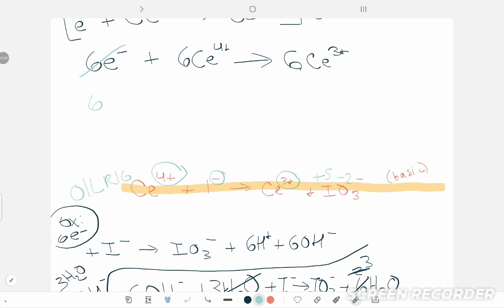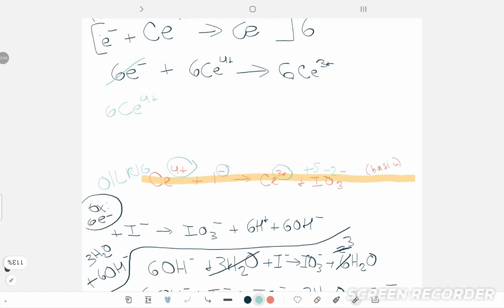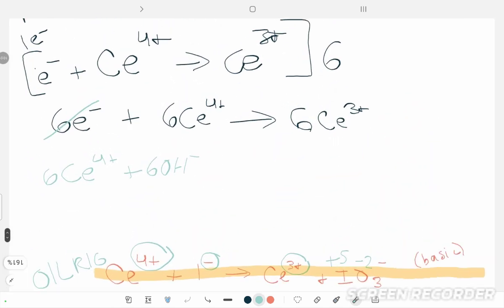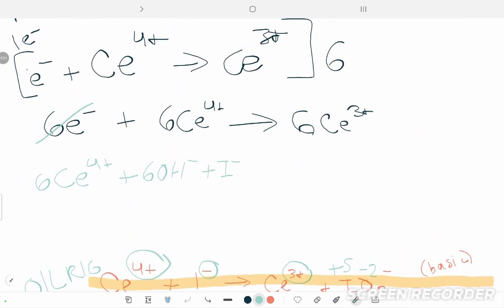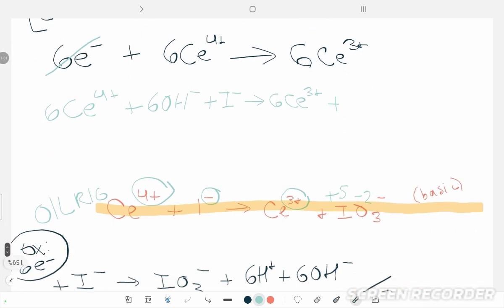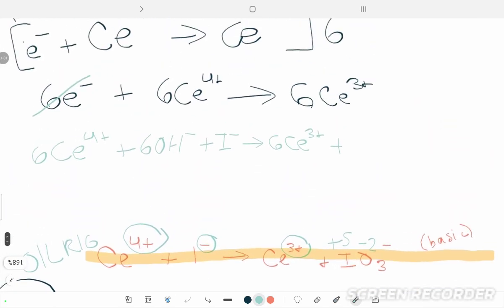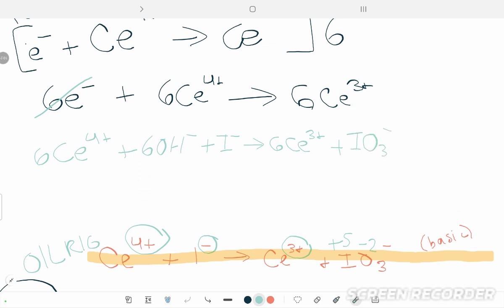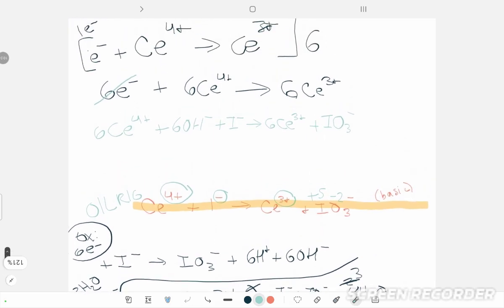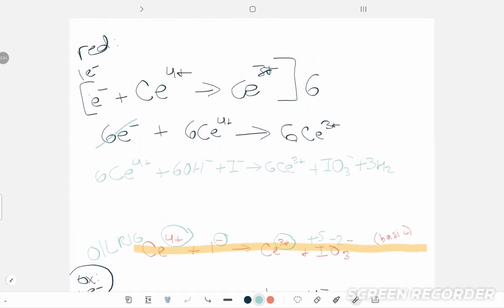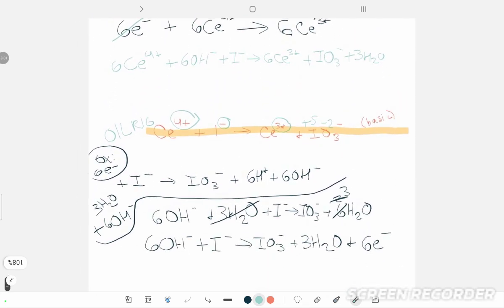So we have 6Ce4 plus, that's all from that side, so you go down 6OH minus plus I minus, which goes to 6Ce3 plus plus IO3 minus plus 3H2O, and then our electrons just cancel, and that's your final product.